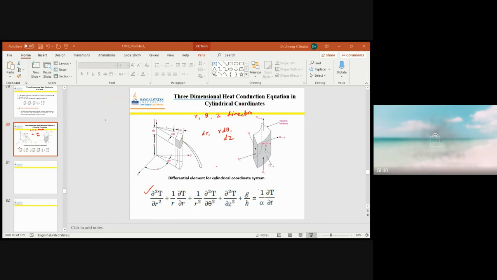So it becomes del square T upon del r square plus 1 by r del T upon del r plus g upon k is equal to 0.